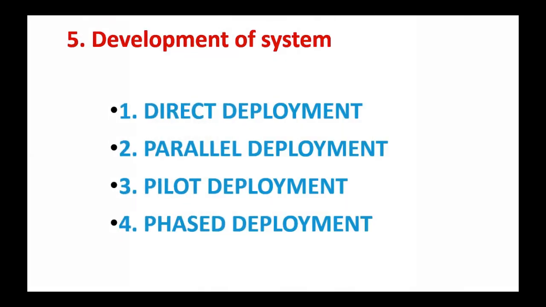So after development and testing of the system, we move to deployment of the system. Actually this should be deployment, not development. So the spelling should be corrected as deployment of the system.